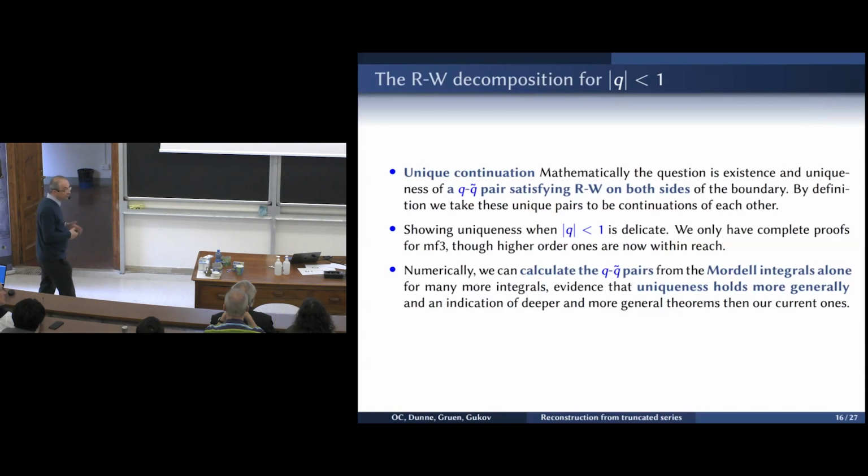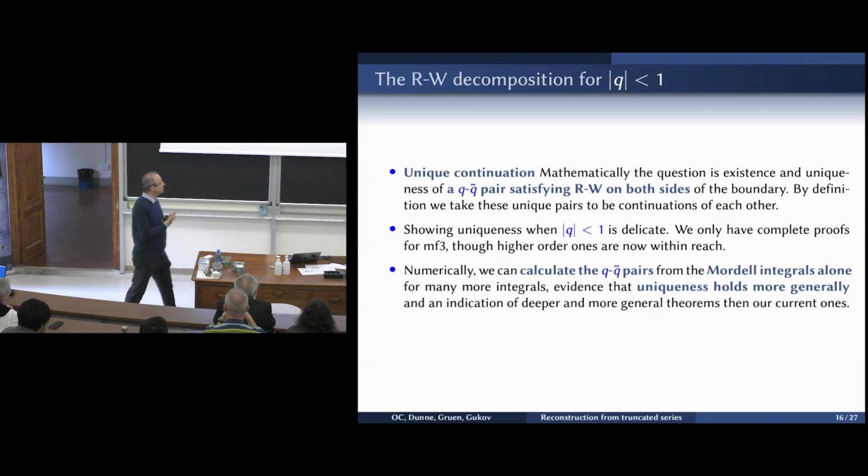But unique continuation exists way beyond the analytic continuation. There are various classical settings of unique continuation. You have Borel's monogenic functions, which are a subclass of the Denjoy-Carleman classes. And you have situations of unique continuation in analytic hyperbolic operators.